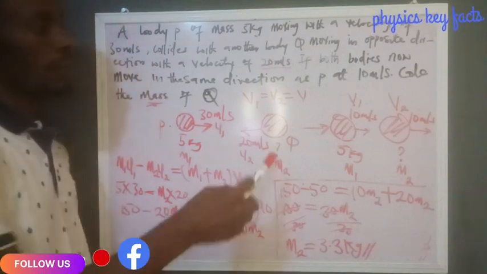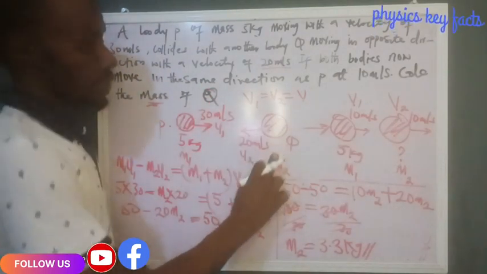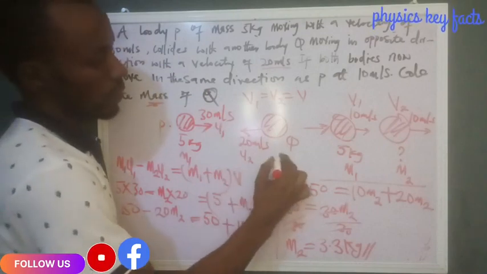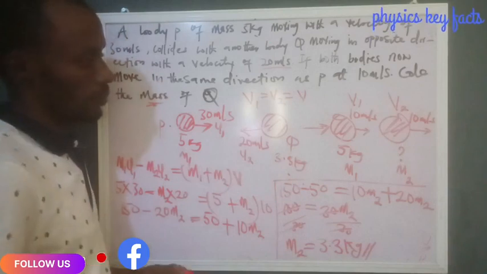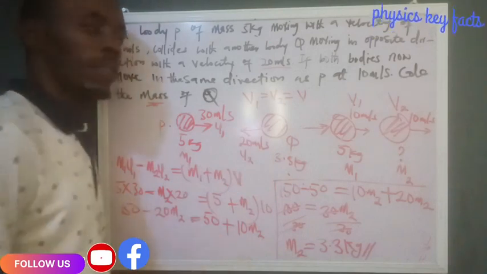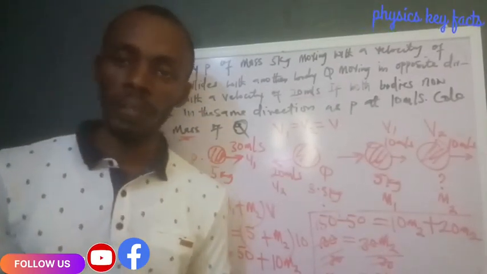So the mass of my body Q, this mass that is unknown, is 3.3 kilograms. So I believe we've been able to pick one or two things from here.